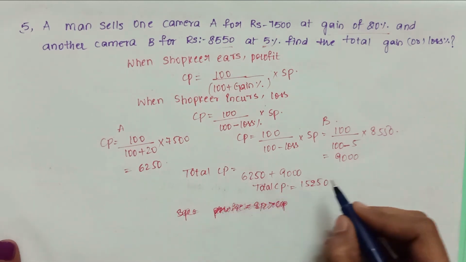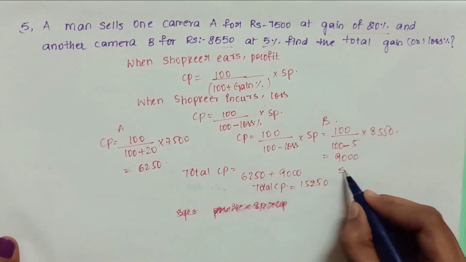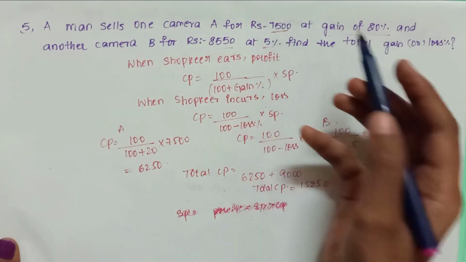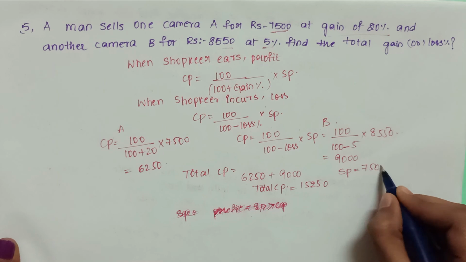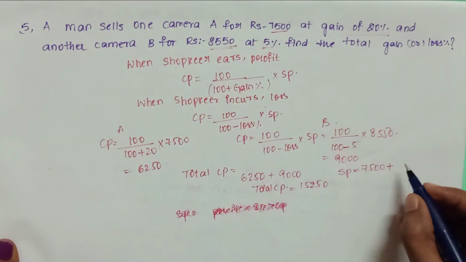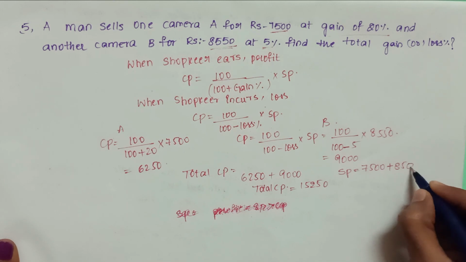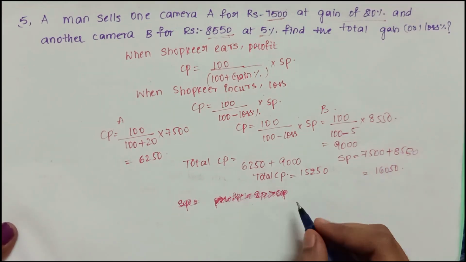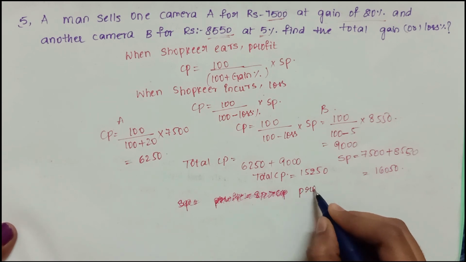Now we found CP, so now we want to find SP. SP is equal to 7,500 plus 8,550. If we add, we'll get this.